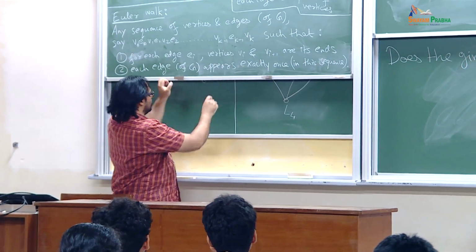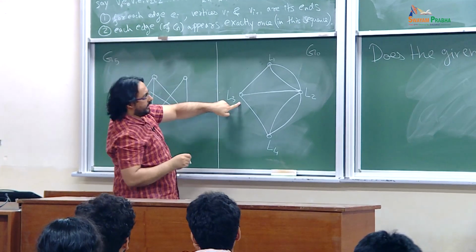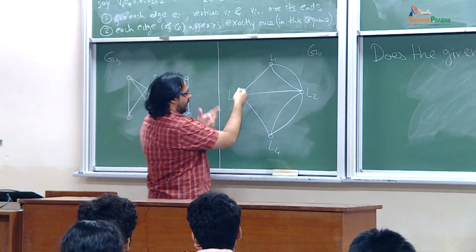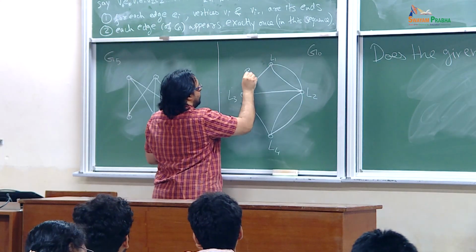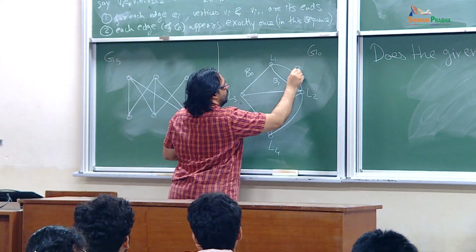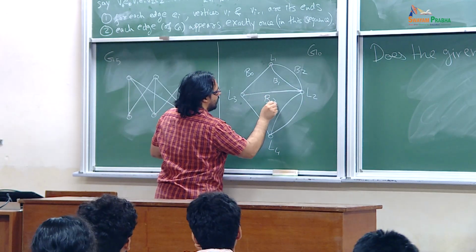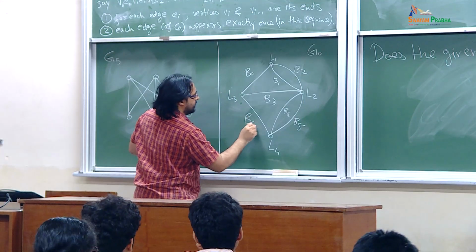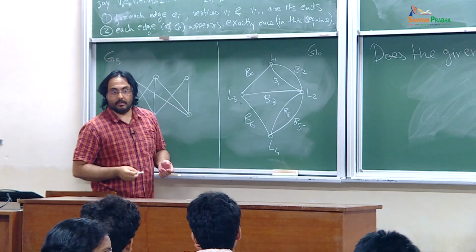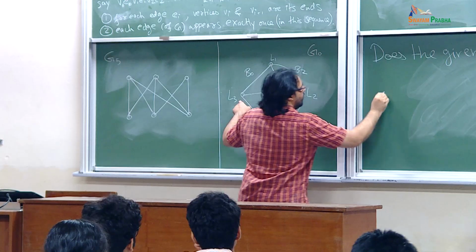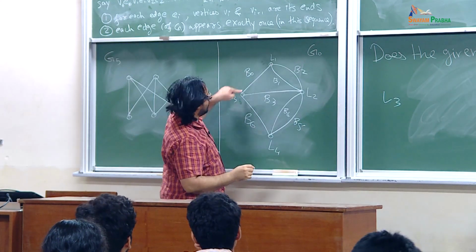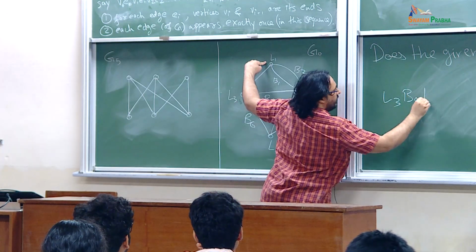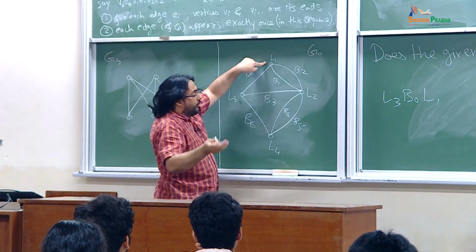Shall we write down some walk here? In this graph, which is the original Konigsberg graph, I just redrew it. You can call the bridges B0, B1, B2, B3, B4, B5, B6. I can write down a walk here. For example, I can start at L3. Then I can walk here, B0, and I will reach L1. Maybe I will walk again.